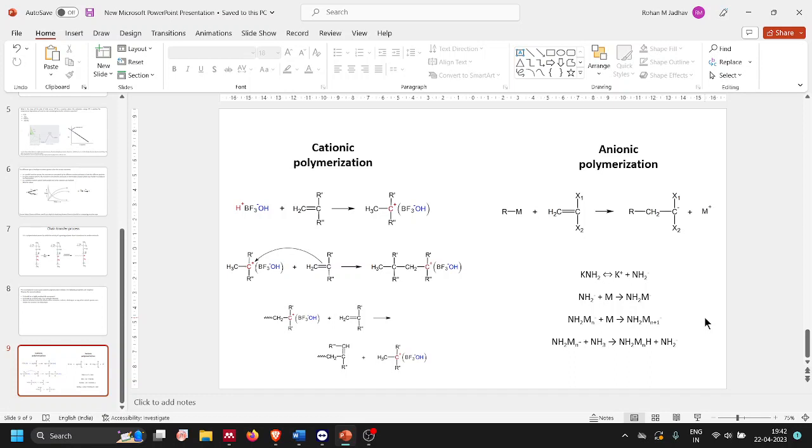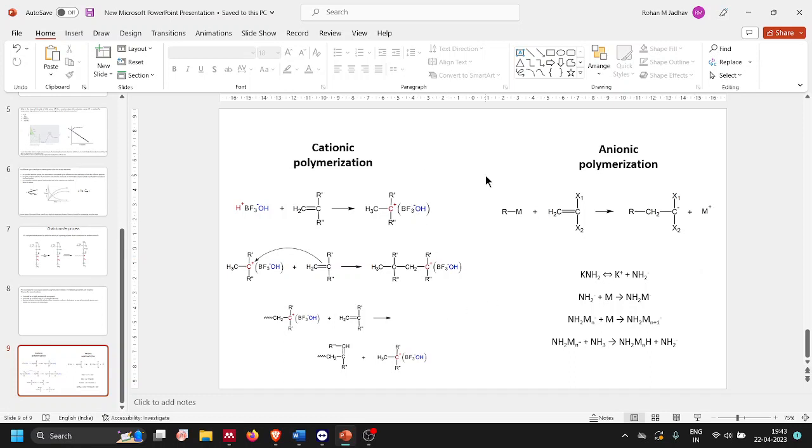Next is intentionally allowing introduction of some tailored end groups. By intentionally allowing some introduction of tailored end groups, your entire anionic polymerization process will get halted as the tailored end groups will move on to any kind of anionic species and suppress them so that the polymerization process gets halted.